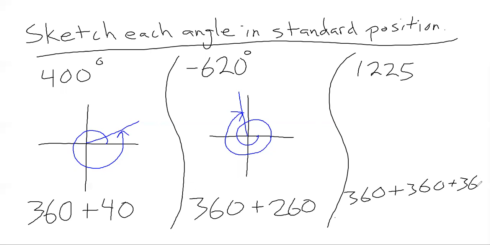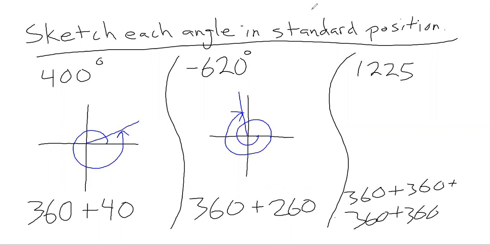And then if I add another 360, I can continue on. If I add another 360, that's going to get me to 1440. So I've gone too far there.